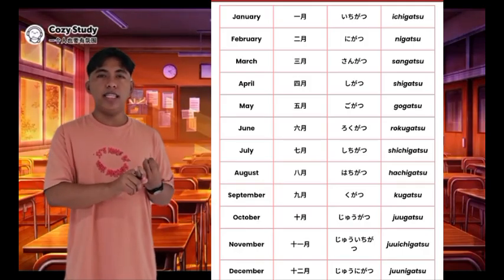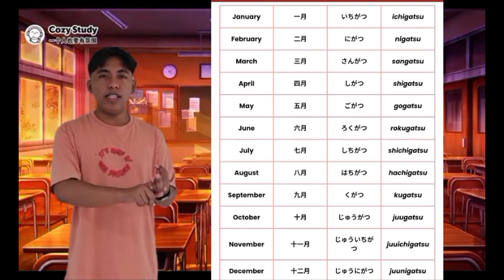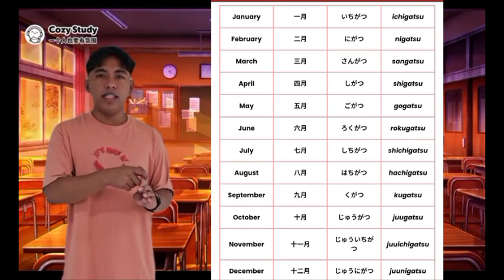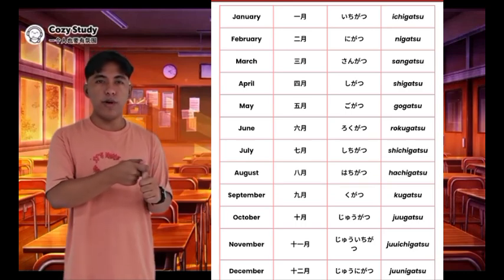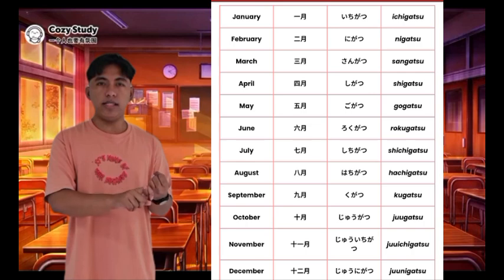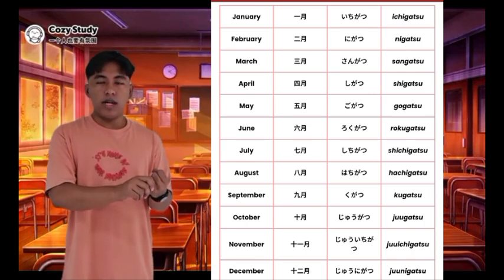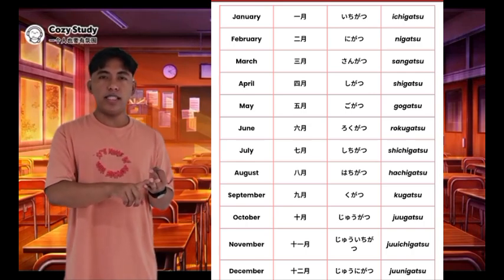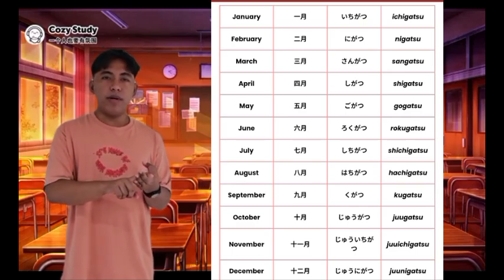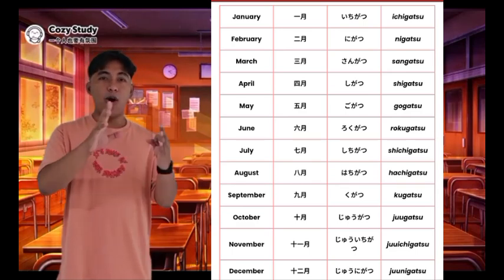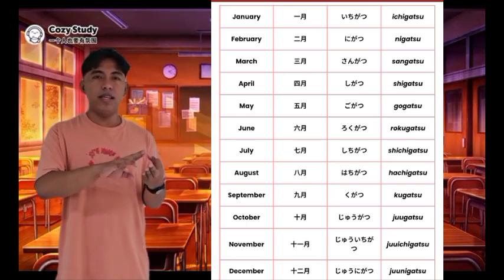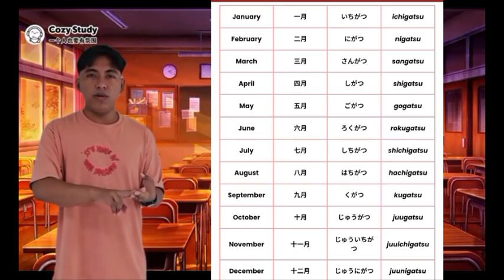January is Ichigatsu. February, Nigatsu. March is Sangatsu. April is Shigatsu. May is Gogatsu. June is Rokugatsu. July is Shichigatsu. August is Hachigatsu. September is Kugatsu.